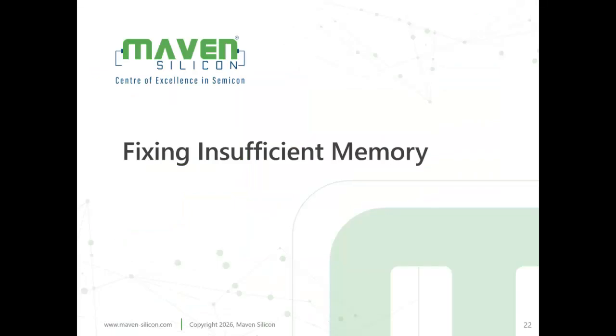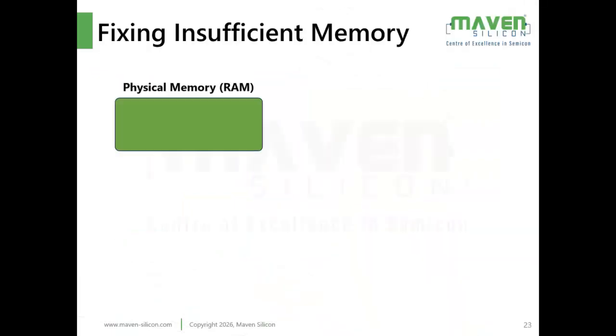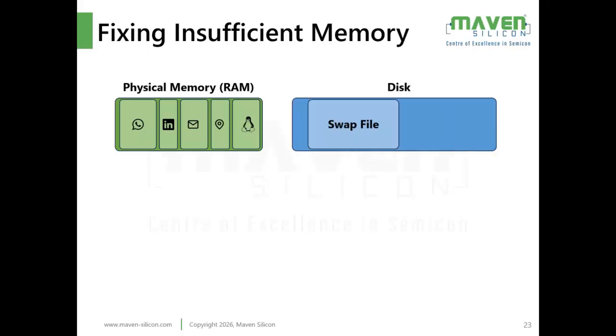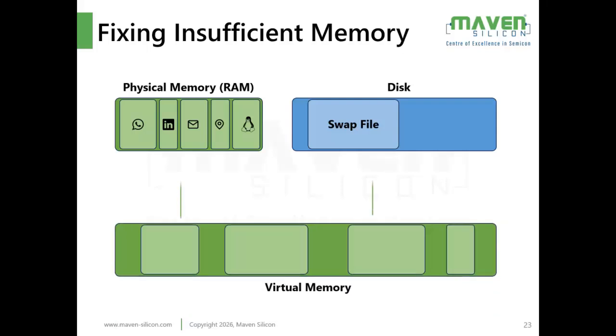Fixing insufficient memory. Virtual memory also helps when RAM is insufficient. For example, when your physical RAM is full, the operating system creates a temporary special file called a swap file on the disk. Virtual memory takes care of mapping memory either to RAM or to the disk.